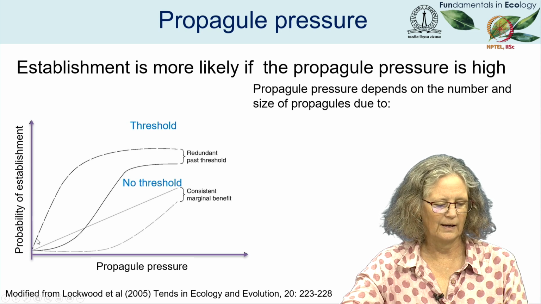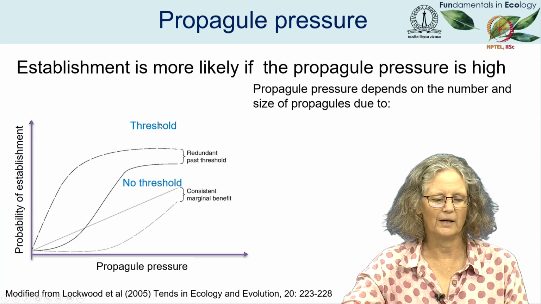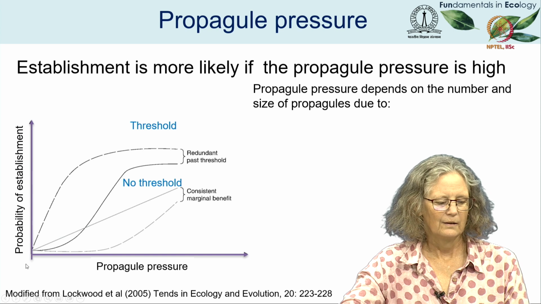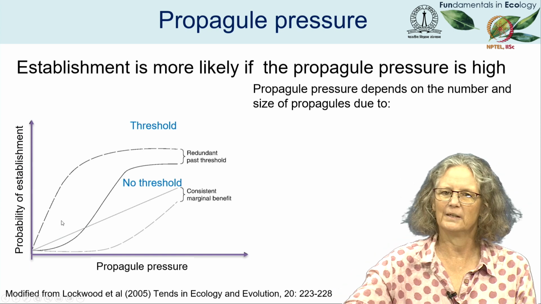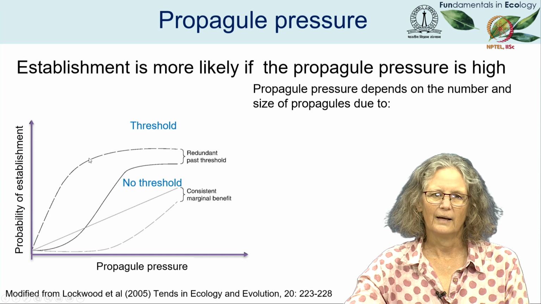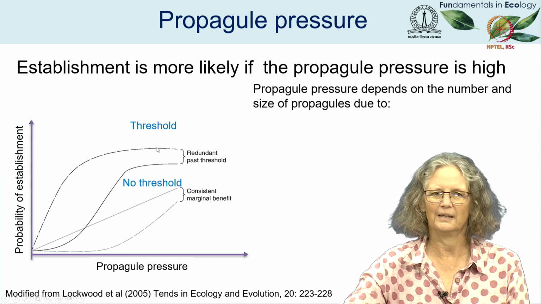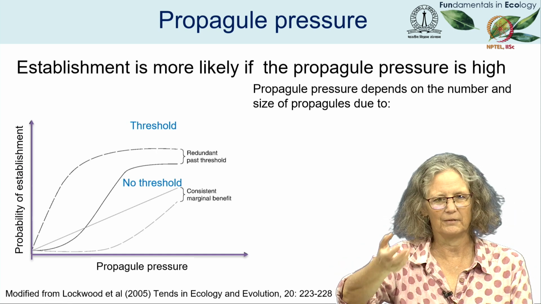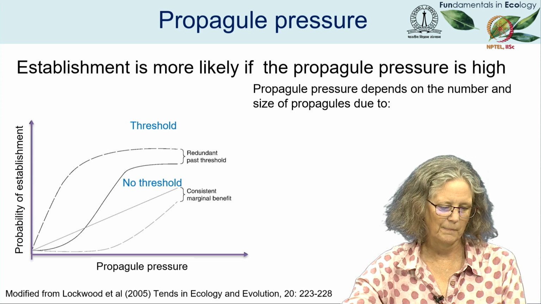One of them is that there's some kind of a threshold, meaning the probability of establishment increases with propagule pressure up to a certain point, and then it levels off, meaning the more and more come, the probability of establishment stays the same.